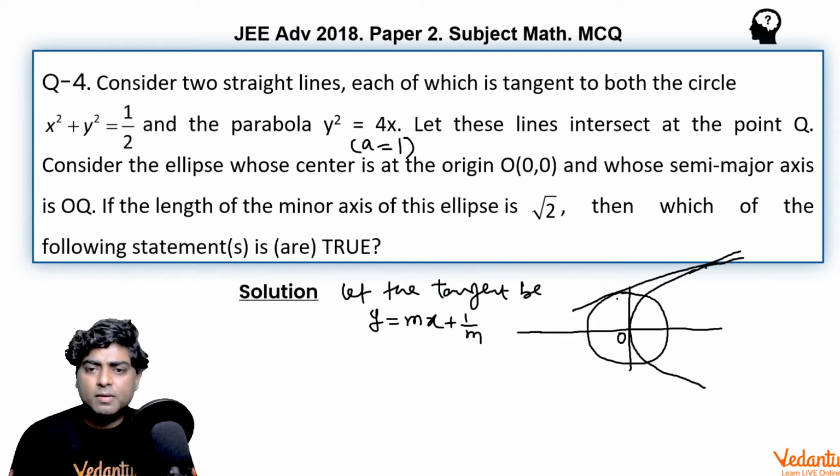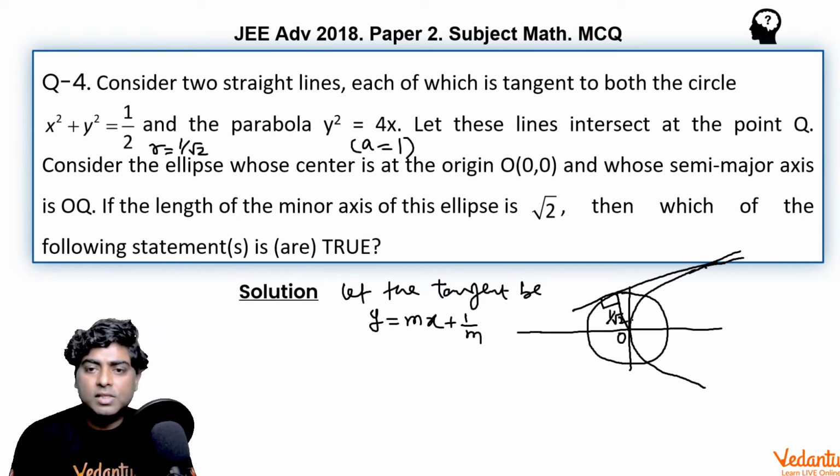As it is also tangent to the circle, applying the condition of tangency with respect to the circle, the distance of the line from the center of the circle must be equal to the radius of the circle, and the radius is 1 by root 2.